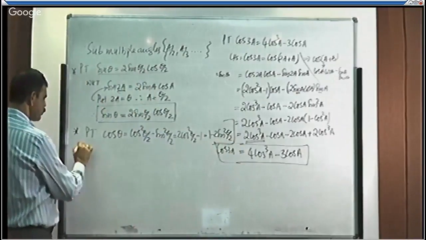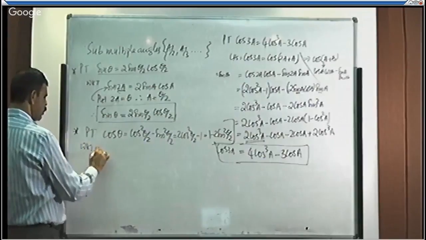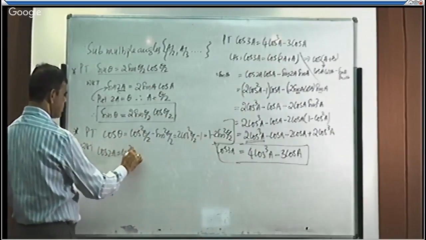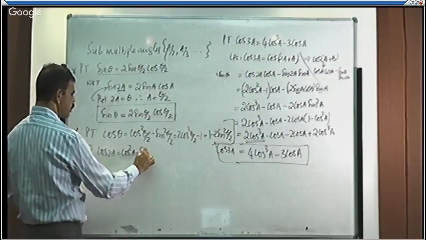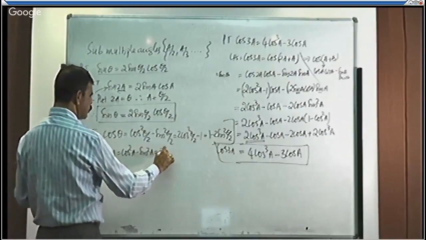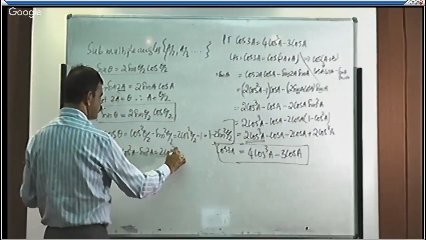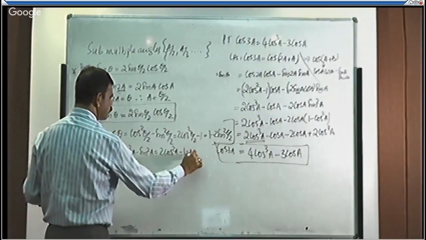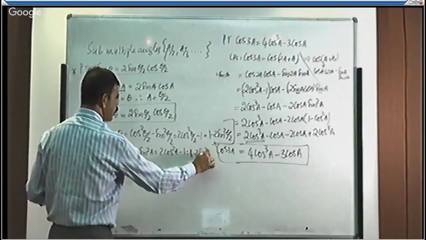To prove this, take the formula of cos 2a. What is cos 2a? Cos 2a is equal to cos square a minus sin square a, or 2 cos square a minus 1, or 1 minus 2 sin square a.